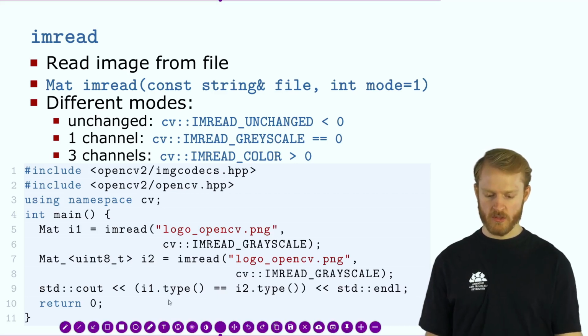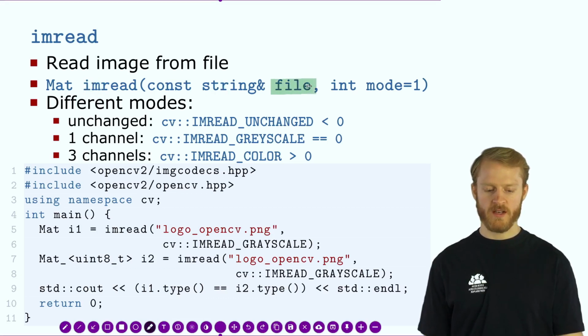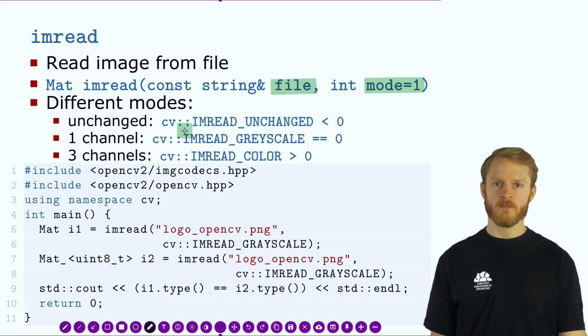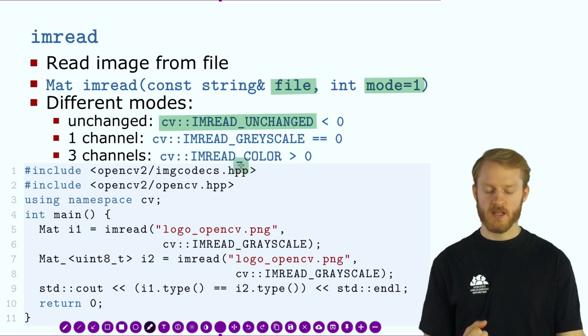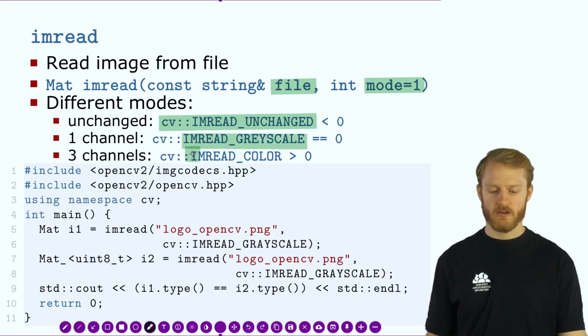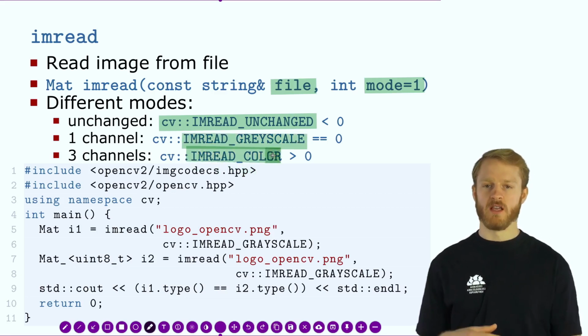The first function we'll cover is how to read images, and the syntax is quite easy. We have to provide the file name and the mode, which are basically aliases for integers. And we can say, okay, I want unchanged, so just give me the image. I want it in grayscale, or I want it in color, let's say.